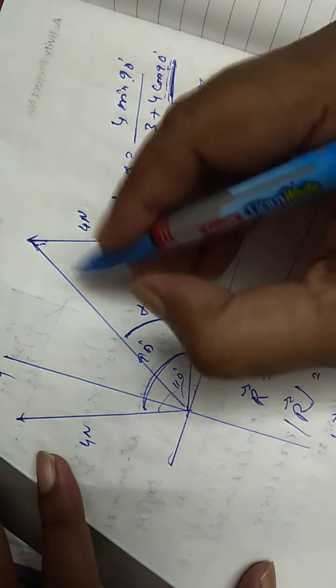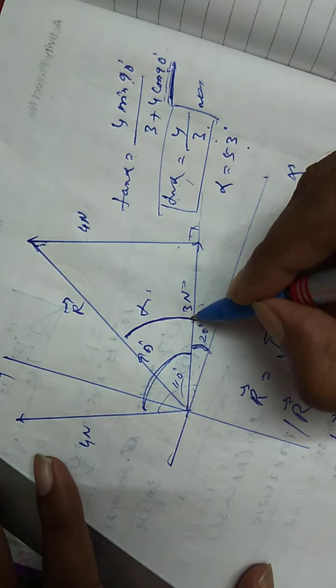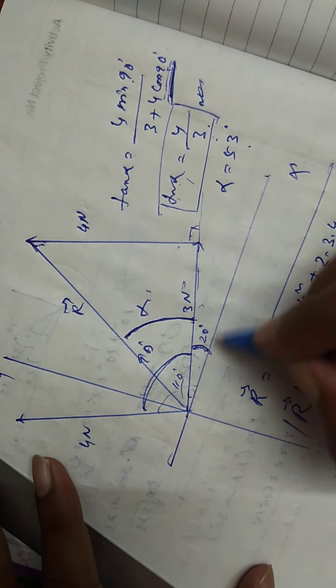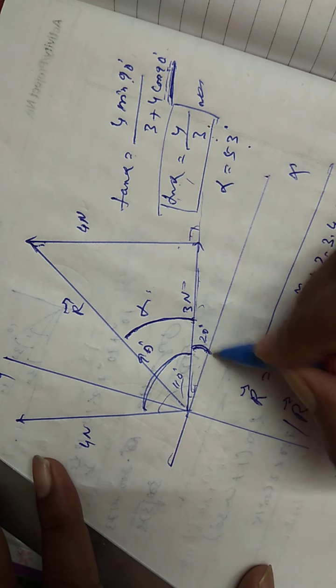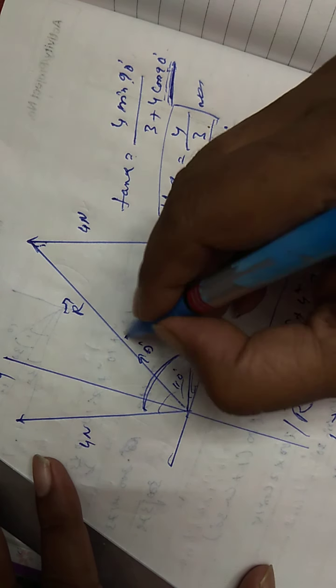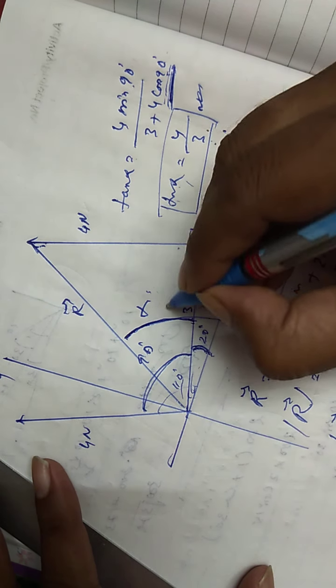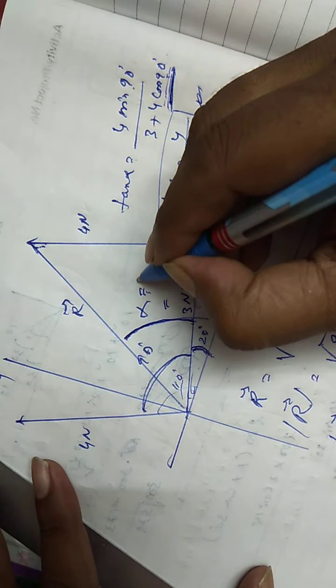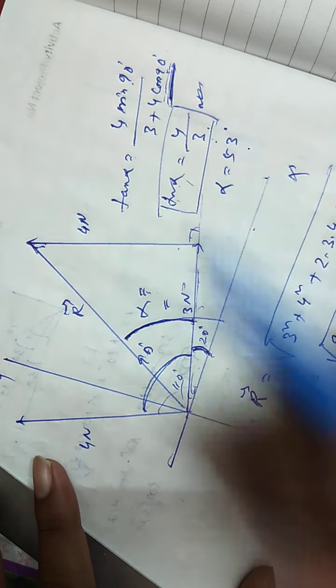That means this resultant R is acting at 53 degree with 3 Newton, and 3 Newton is acting at an angle 20 degree with the x-axis. That means with the x-axis, this resultant is making an angle 73 degree.